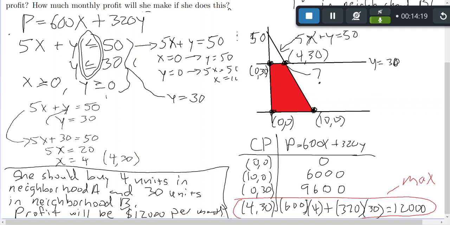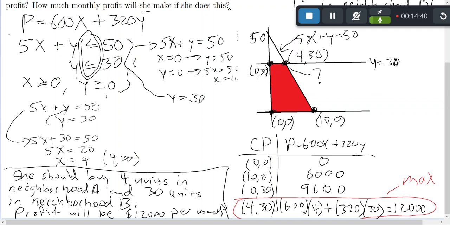If you really want extra points, you can give your answer in terms of how much money she actually spent. 4 units in neighborhood A translates into 4 times 500,000, which is $2 million.